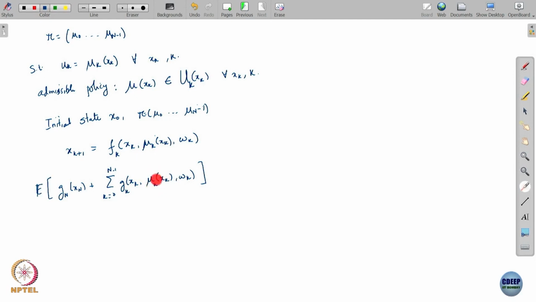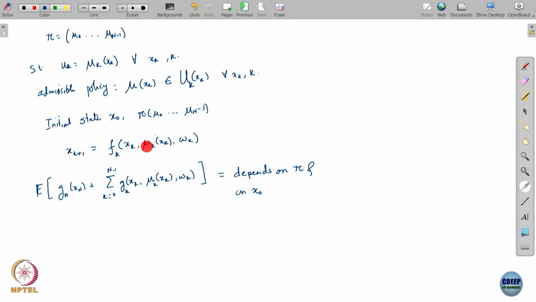As you can see, the cost function now depends on two things. It depends on pi, which is your policy, and it also depends on the initial state. It depends on where you are starting, because the state evolution that your system would see is determined by the dynamics and the policy.